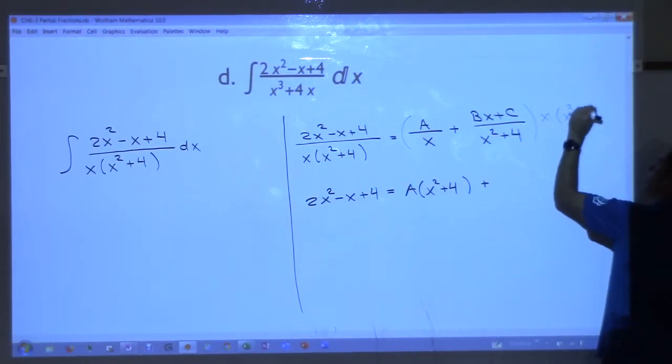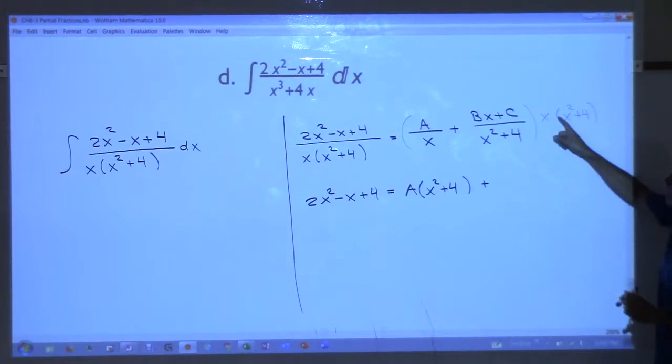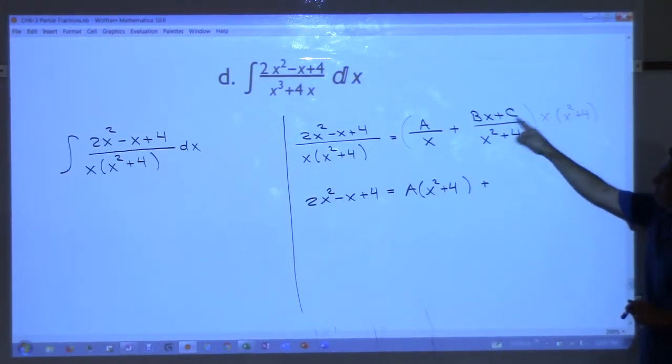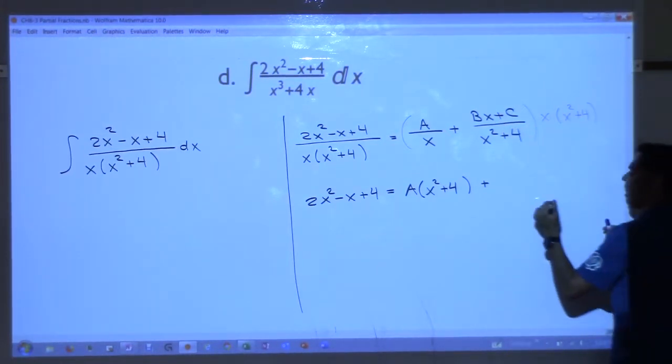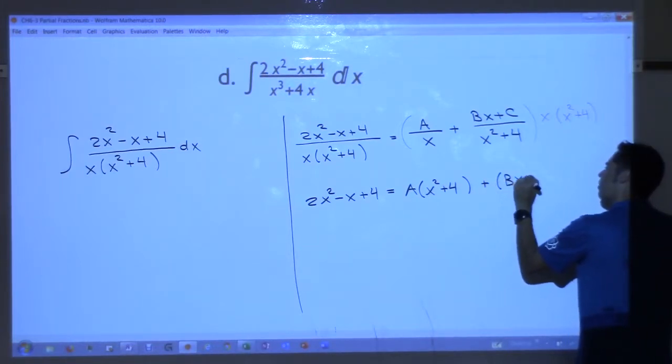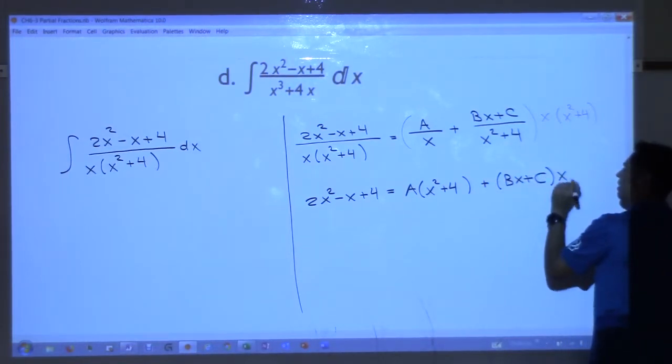So I'm just going to have an x left when these cancel, but I still have that too. So I have bx plus c times x, and I'll distribute it through.